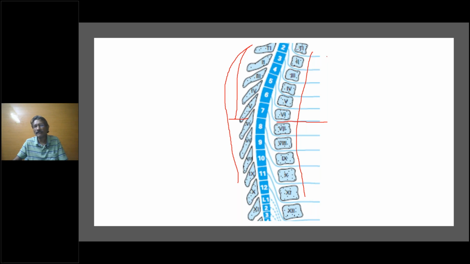Though it may appear that D1 is over the second segment, D2 is over the third segment, 3 over 4, 4 over 5, 5 over 6, 6 over 7, it may vary significantly. So this particular segment varies very much. So you have to look at the curvature. It varies in individuals, a lot of variation, depending on how much the forward bend is.